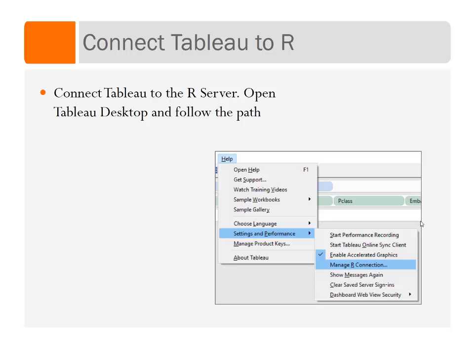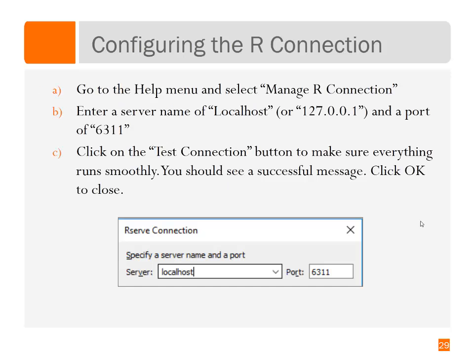So now we're going to connect Tableau to R. To connect Tableau to the R server, we're going to open Tableau Desktop, and then we're going to follow the path Settings and Performance, and then Manage R Connection. From there, once we've selected Manage R Connection out of the Help menu, we're going to enter a server name. So that server name might be localhost, or it might be a particular IP address.